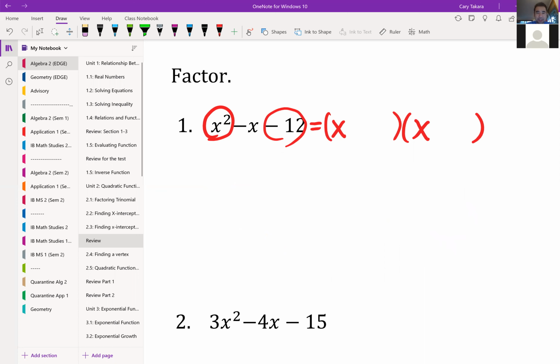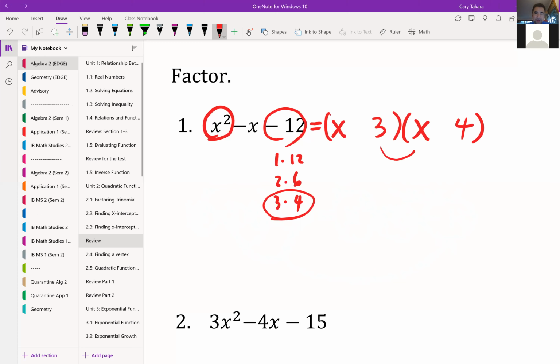There are lots of possibilities. For example, 1 times 12 will give you 12. 2 times 6 will give you 12. 3 times 4 will give you 12. But you want to try the combination that are close to each other, such as 3 and 4. So I'm just going to do 3 and 4.